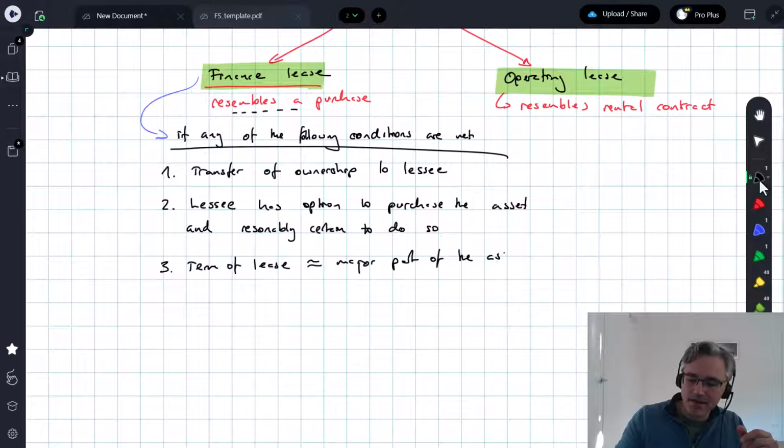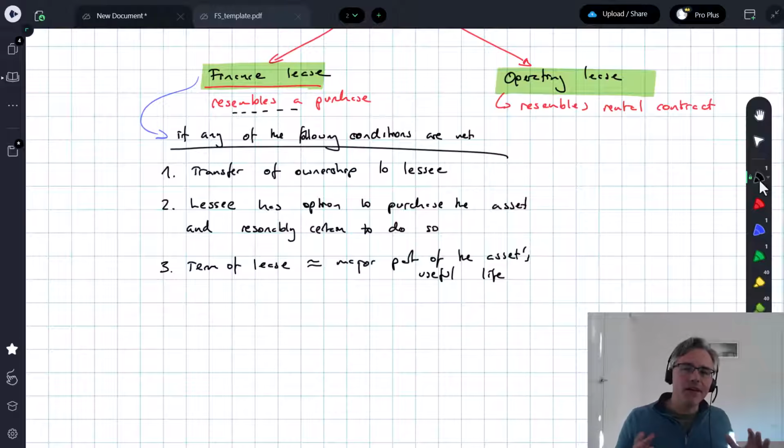Number 3, if the term of the lease is for pretty much the major part of the asset's useful life, then even though you may never even become the owner legally, you are stuck with that asset for good, for much of its life, in which case treat it as if it's yours. I mean, from an economic point of view, it's as if it was yours.